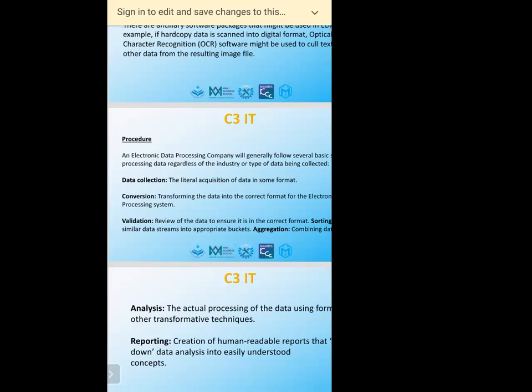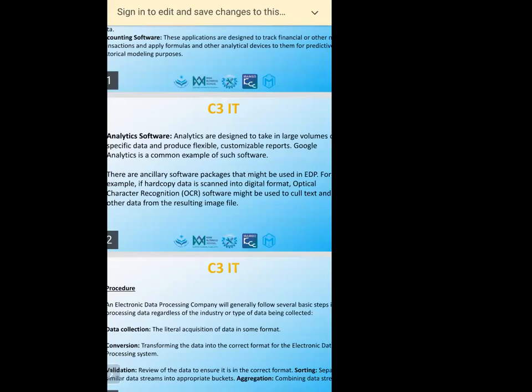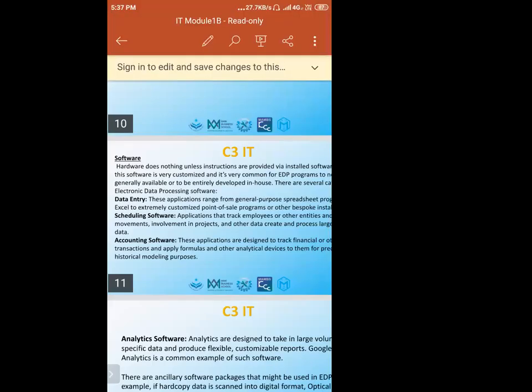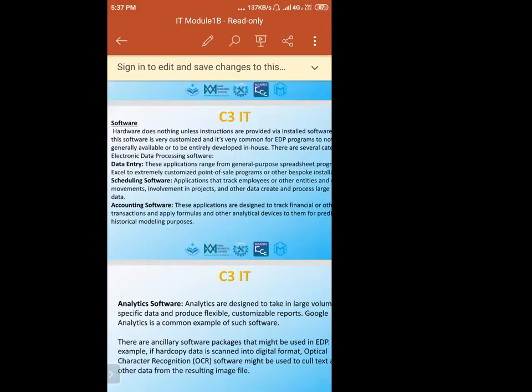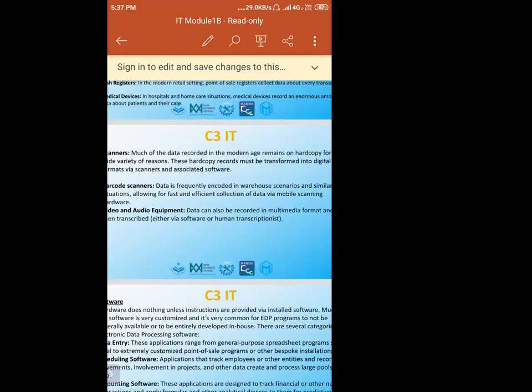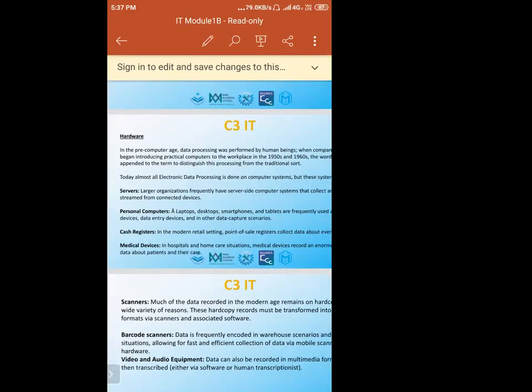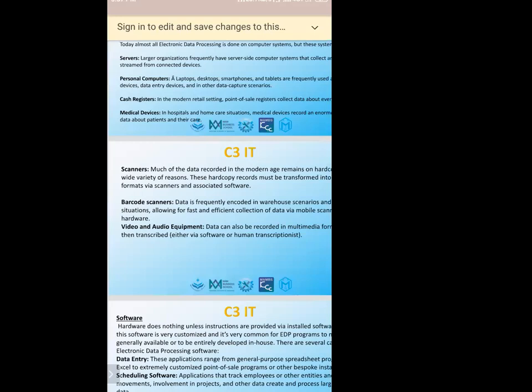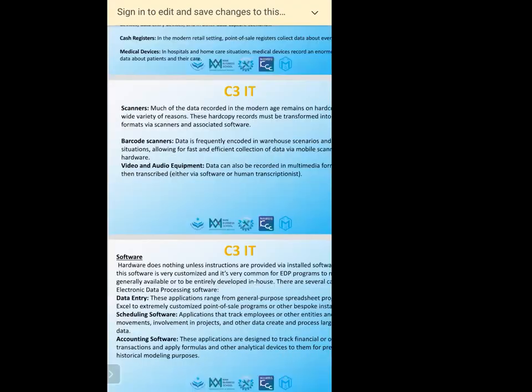Okay, very good. So when we talk about EDP, what things come in? First hardware, software, procedures, then people. These all make up the EDP. What are the hardware for EDP? We studied servers, personal computers, cash registers, medical devices, scanners, barcode scanners, and video and audio equipment.